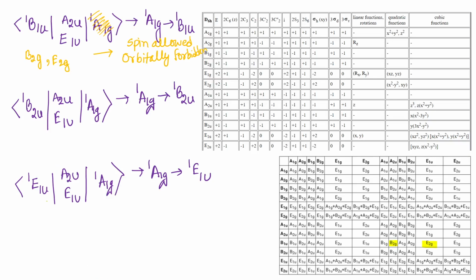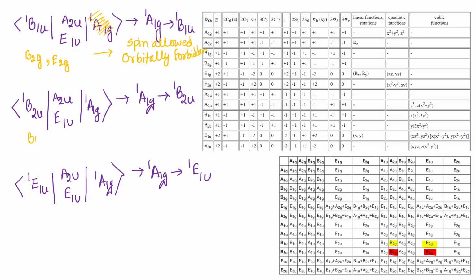Now let us think about B2u. A1g I am not bothered about. B2u and A2u give B1g, and B2u and E1u give E2g.